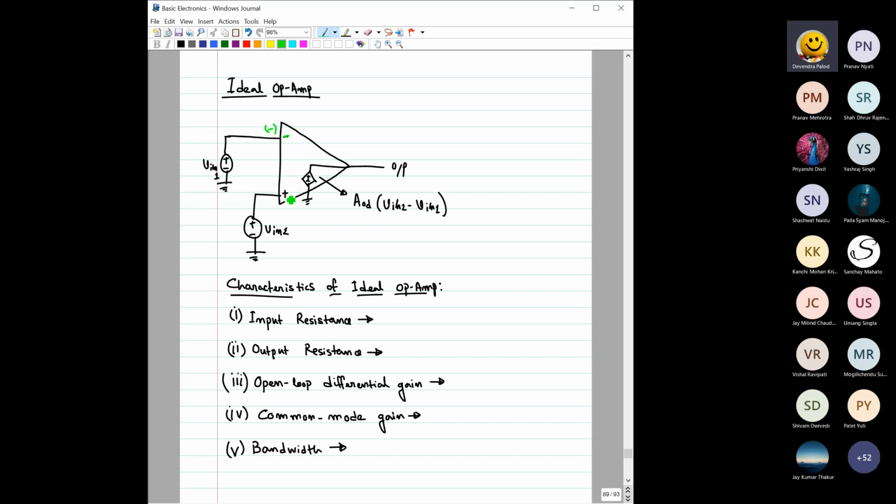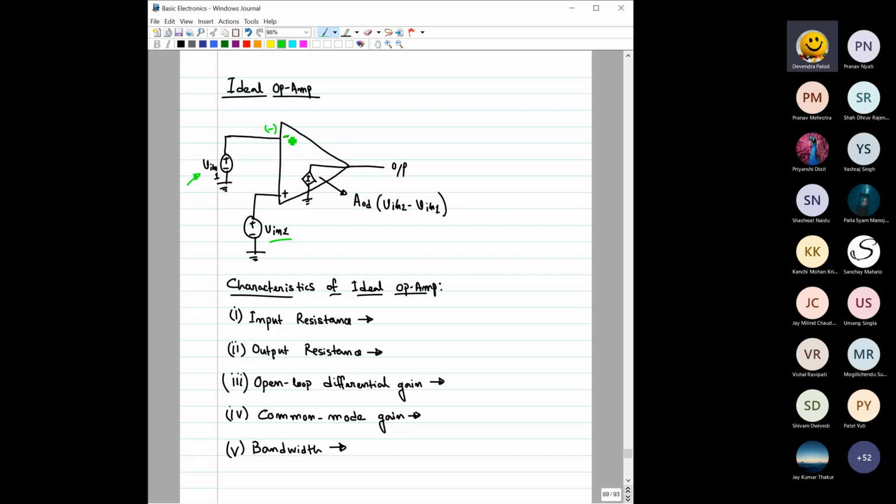This is the positive one, the non-inverting terminal. With the inverting terminal we have connected one signal, which may be DC or AC. It is V in one, as shown here. And the non-inverting terminal has a signal V in two.